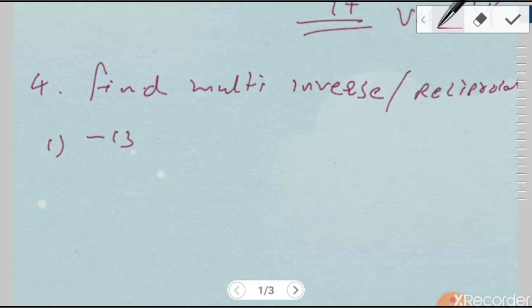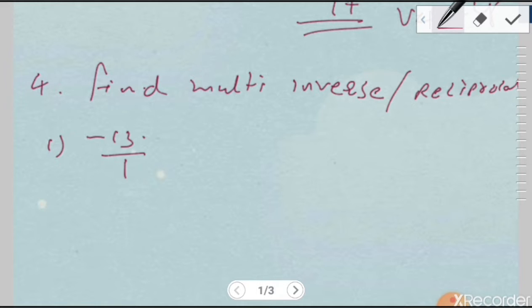There is a minus 13 but it has no denominator, so we write 1 as the denominator. We must always have a numerator and denominator to take the reciprocal. If there is no denominator, we write 1 as the denominator.